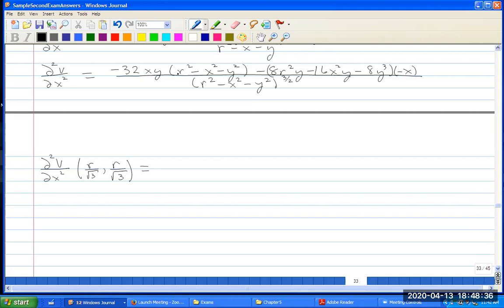So x times y just becomes r squared over 3.